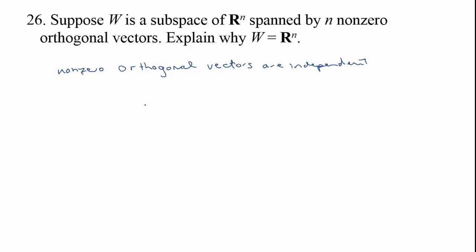So W is the span of n independent vectors, so W must be an n-dimensional space. But it's a subspace of Rn, so it must be all of Rn.